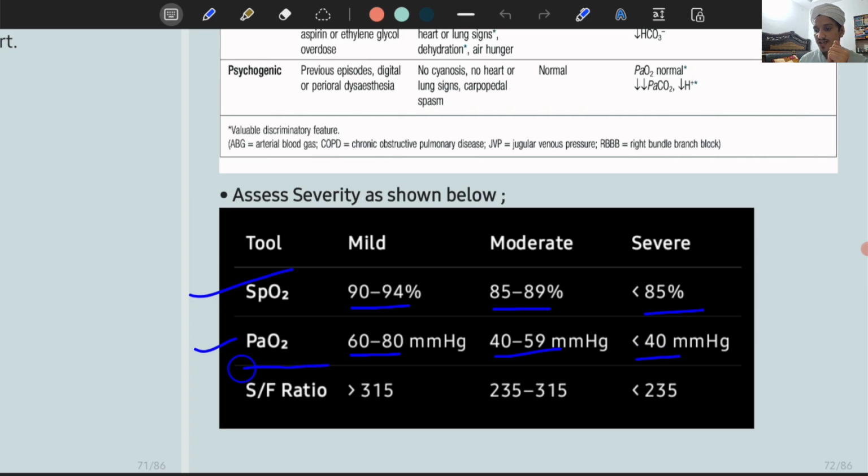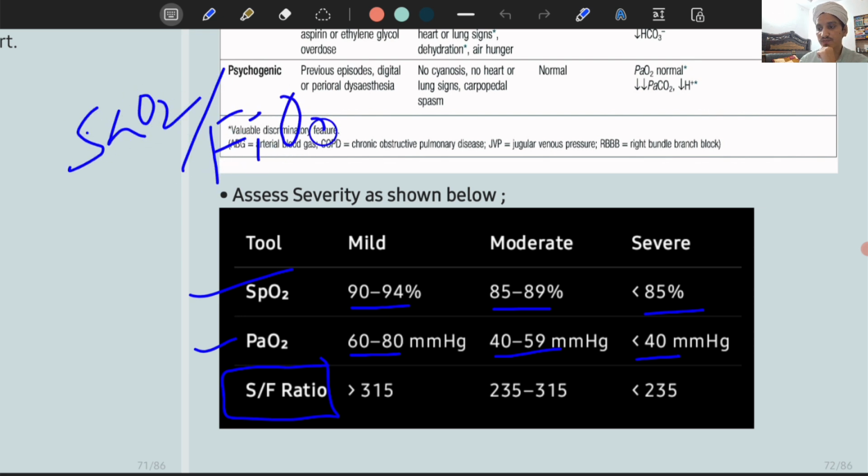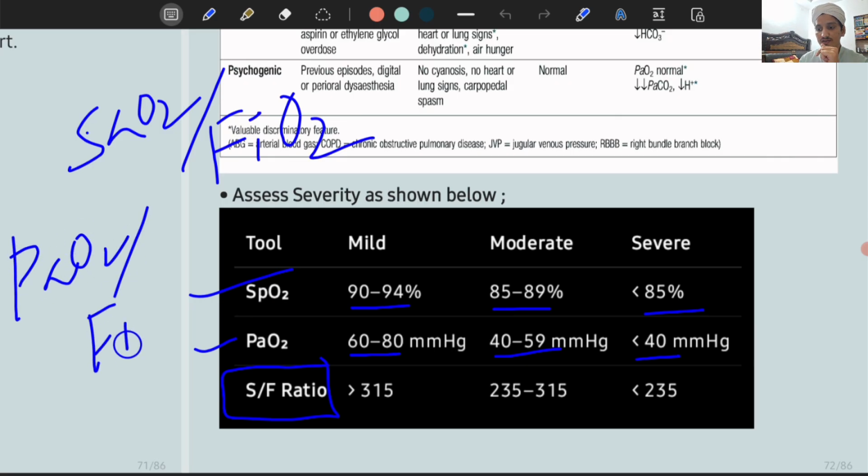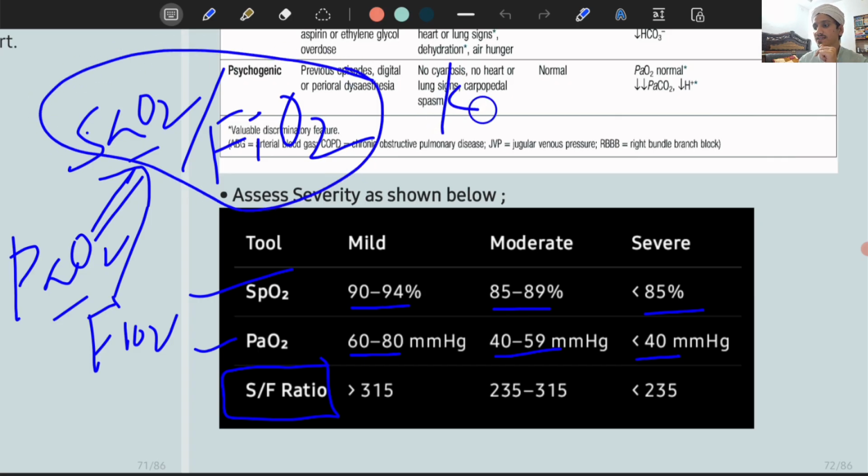One more thing is the S by F ratio. What is the S by F ratio? S is nothing but SaO2 by FiO2 ratio. Okay, so in ARDS we calculate PaO2 by FiO2. So this replacement of PaO2 with SaO2 is known as Kigali's modification.